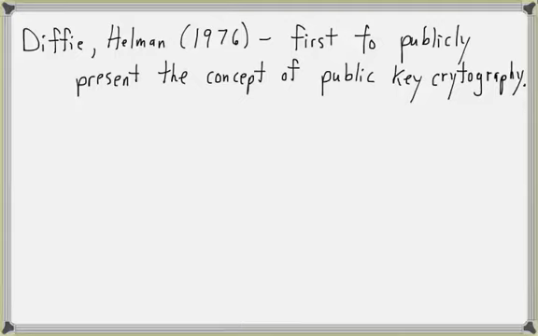And in 1977, three researchers at MIT, Rivest, Shamir, and Adelman, developed the most successful implementation of public key cryptography, known as the RSA algorithm, named after the three authors.